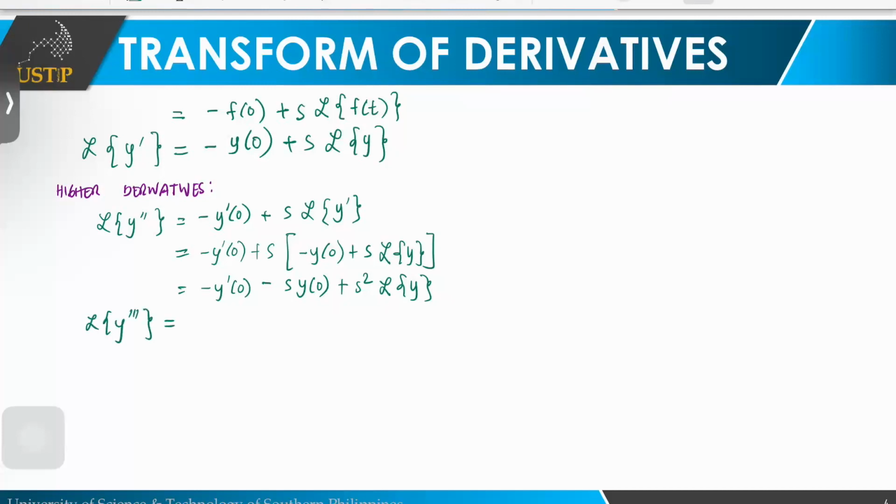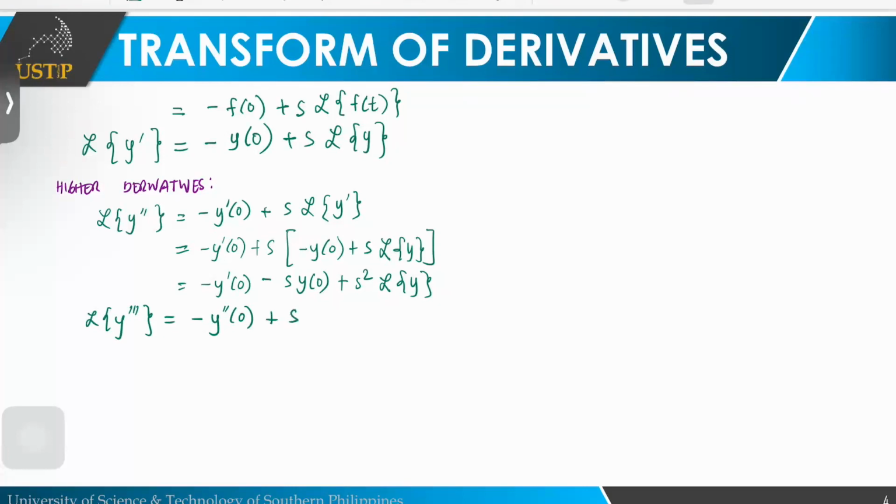Okay, what will happen here is that is equivalent to negative y double prime of 0. Okay, follow lang taan eh. Kini lang sa nga pattern. Plus s times the Laplace transform of y double prime. Okay, the antiderivative of y triple prime.